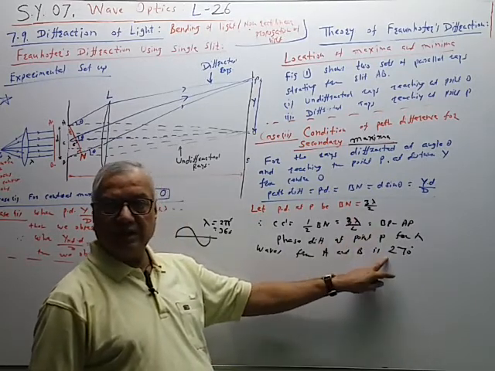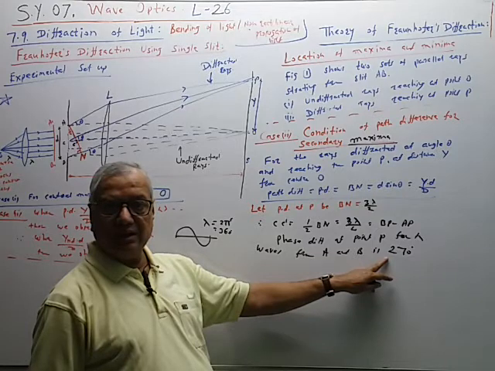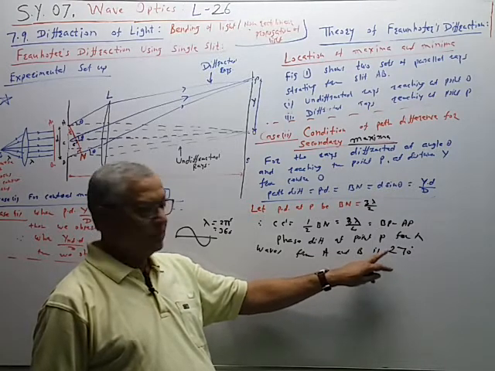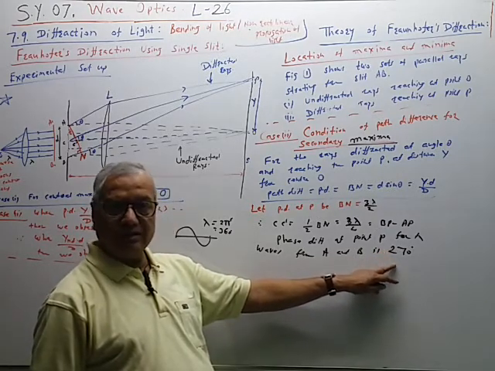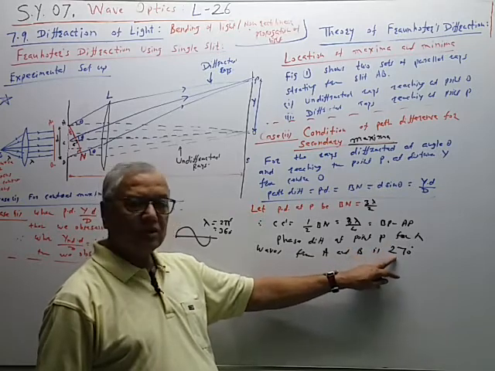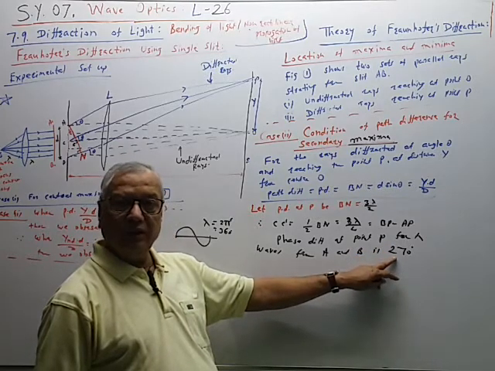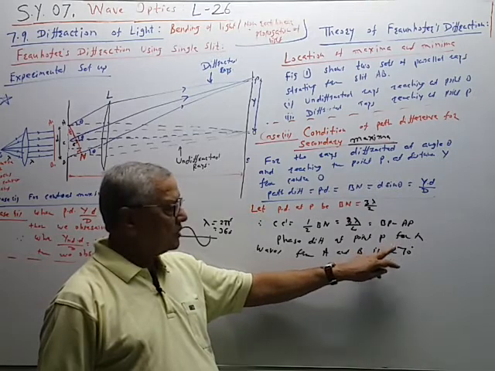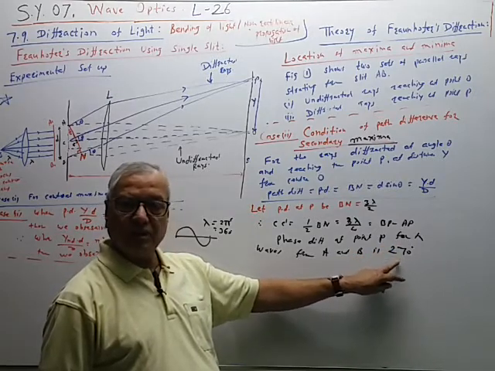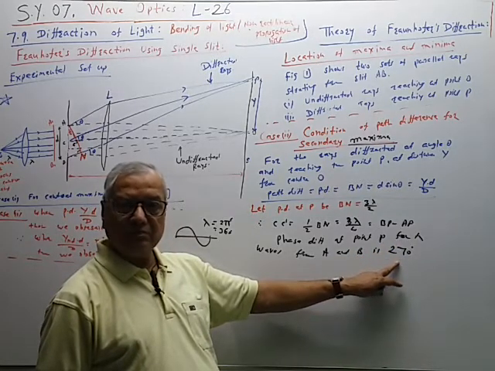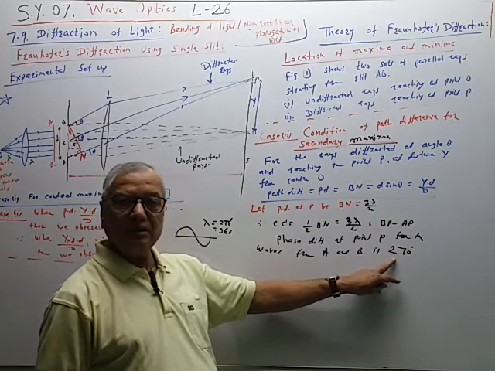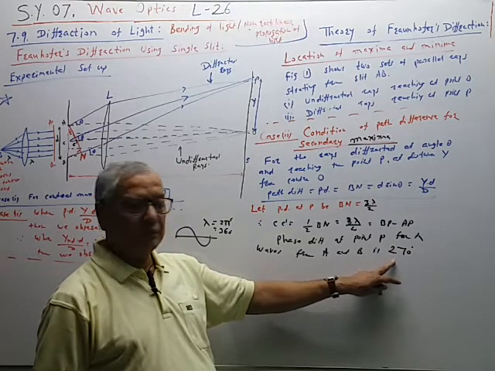It is not 180 degree, so it is not a minimum intensity, not darkness. The waves are not crossing each other destructively. The waves are not crossing each other fully constructively. फेज डिफरन्स जर 0 किंवा 360 राहिला असता तर आपल्याला कंप्लीट ब्राईट बँड मिळाली असती. इथे ब्राईट बँड कंप्लीट नाही मिळणार, पार्शियली ब्राईट मिळेल ती.